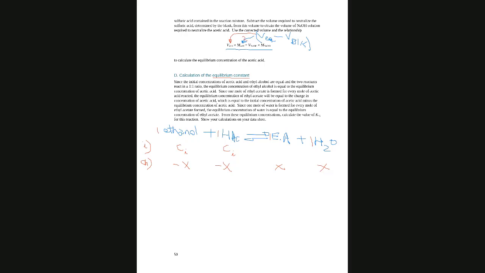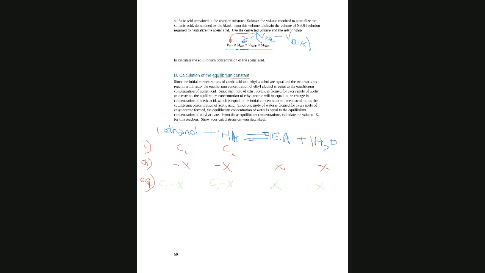And then at equilibrium, I have Ci minus x, and in the product, I would say x and x.